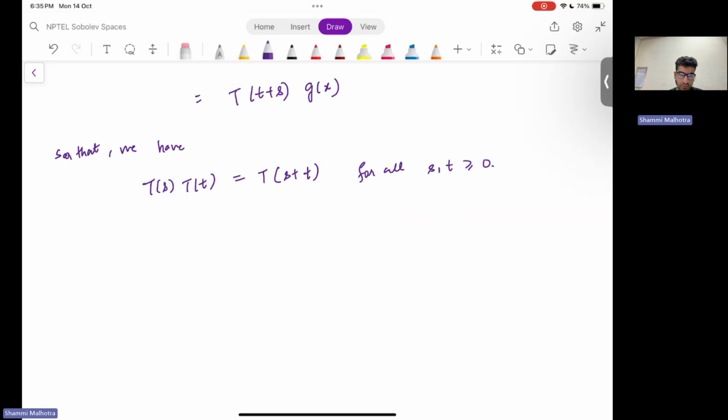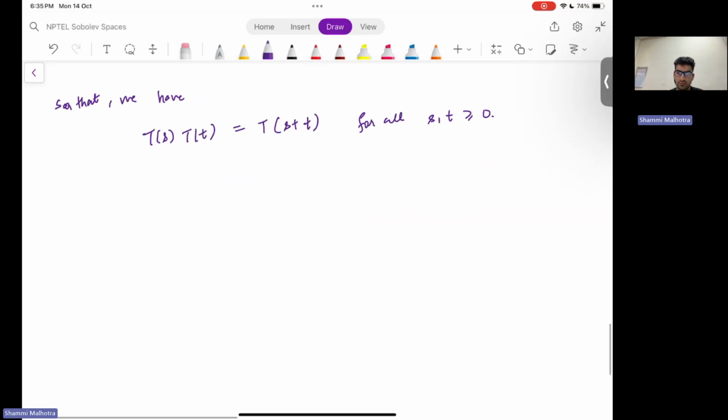Finally, we need to see one more last thing. Till now, this will prove that this forms a semigroup of operators, but to get the C_0 semigroup of operators, we finally have to put the last property, that T(t) of g has to converge to g in L2 as t tends to 0.